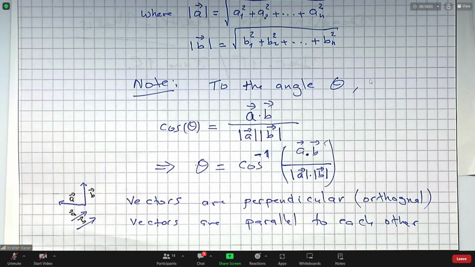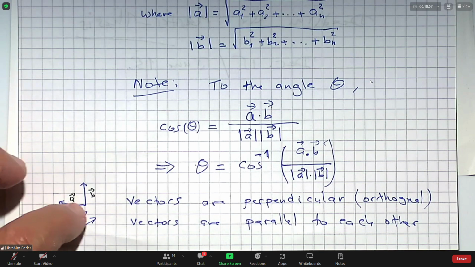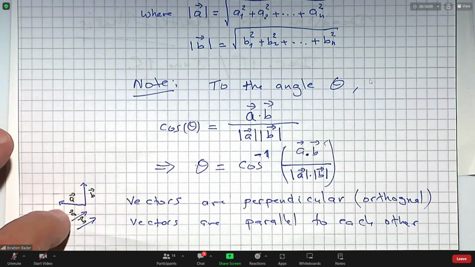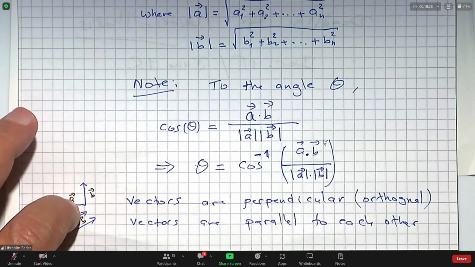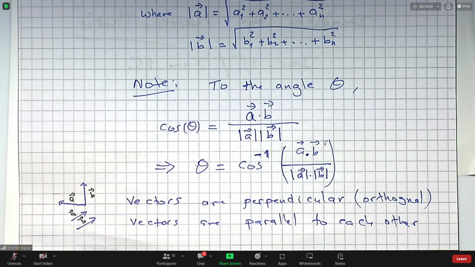You have heard about this term, perpendicular, or it's just here in this graph, they form a right angle, right? I'm sorry, I can't hear if anyone is saying something. Rajo, what is the angle between two perpendicular lines or vectors?